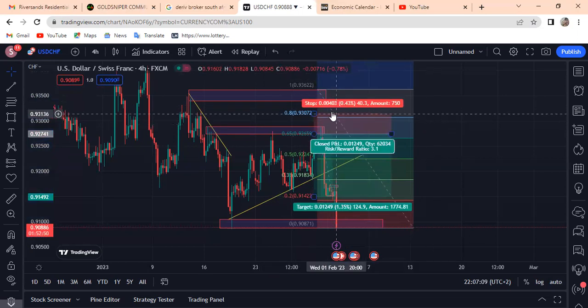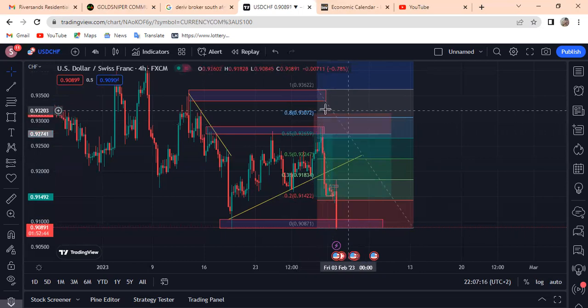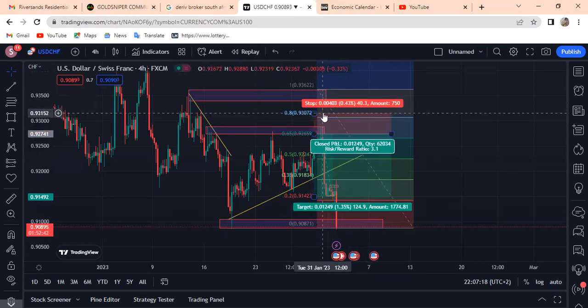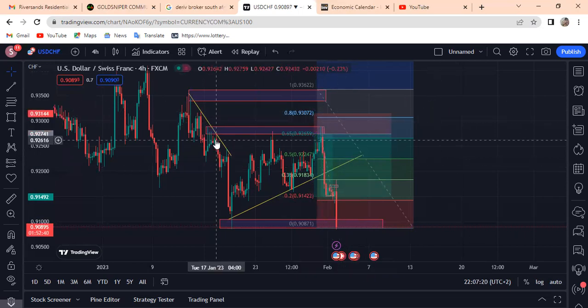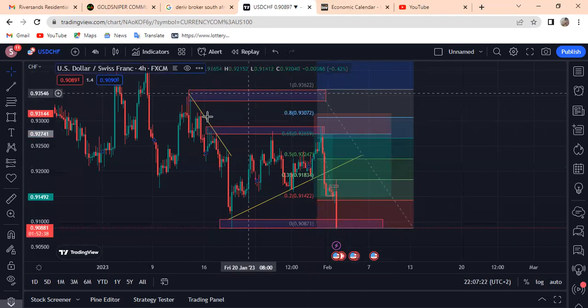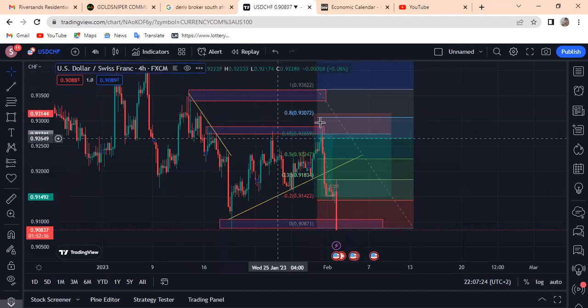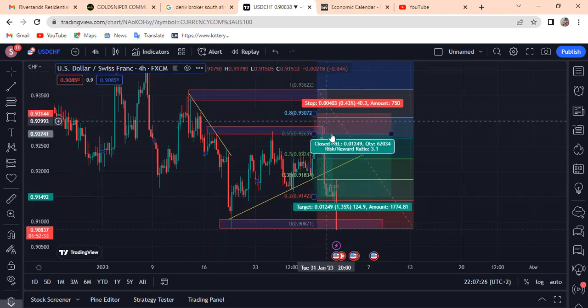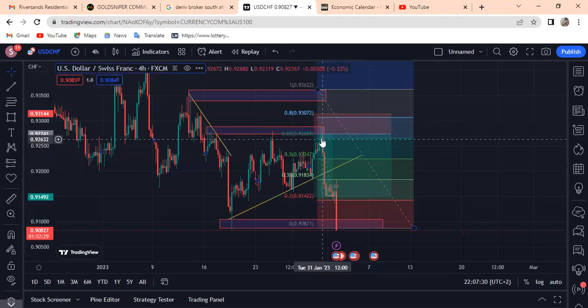So in this instance here, we can see that the market was approaching our 80% range. So once it already reacted from the premium, it came back and retraced and tried to go test the 80%, but it came back to the 0.65.